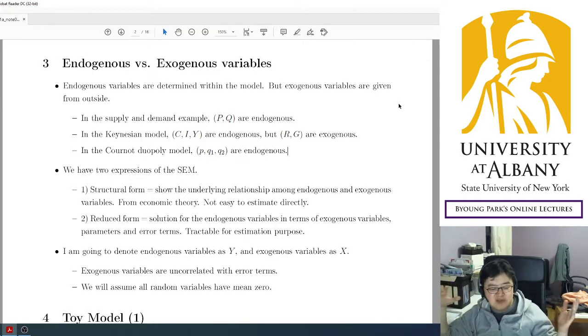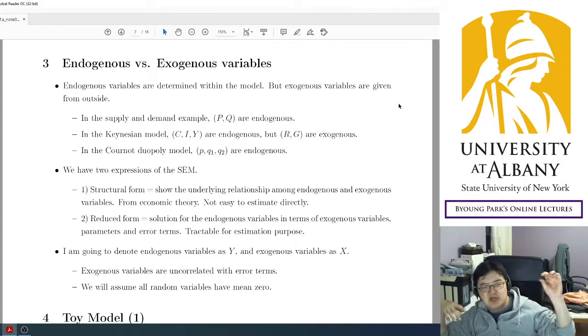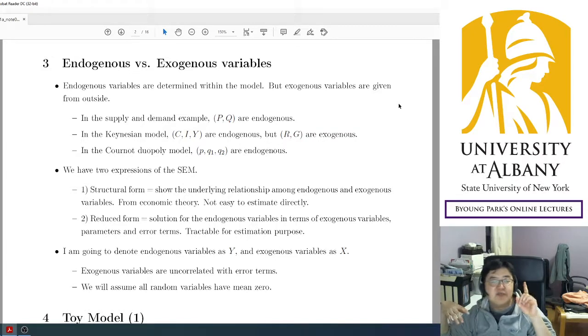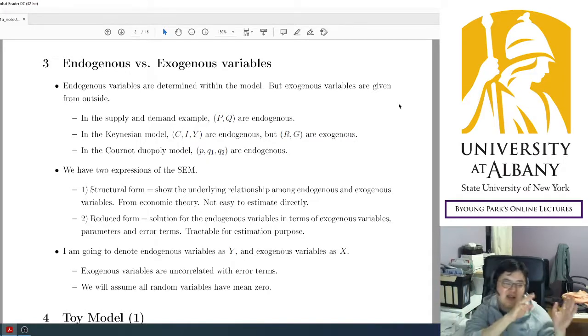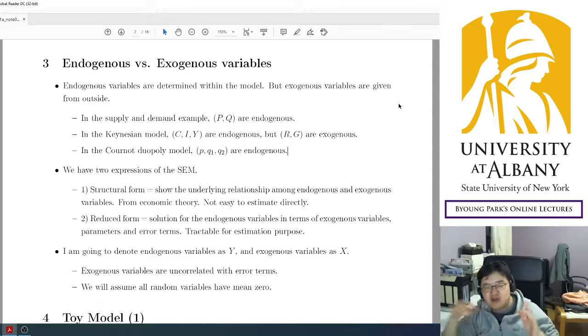So let's put it this way. The classical linear regression has only one equation. And when we studied the instrumental variable linear regression model, we extended the classical linear regression model to a triangular equations model. If you remember, a triangular equations model is like y is a function of x, and the endogenous variable x is a function of z.